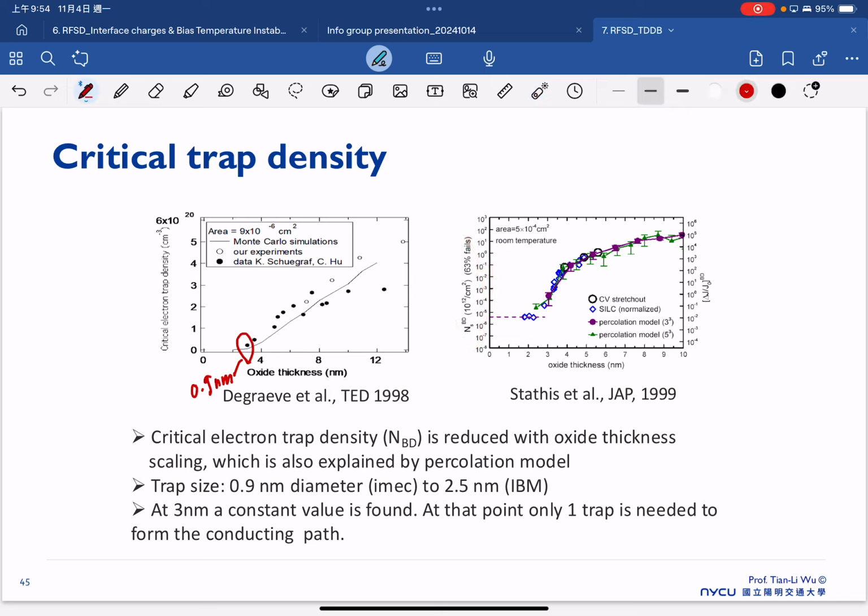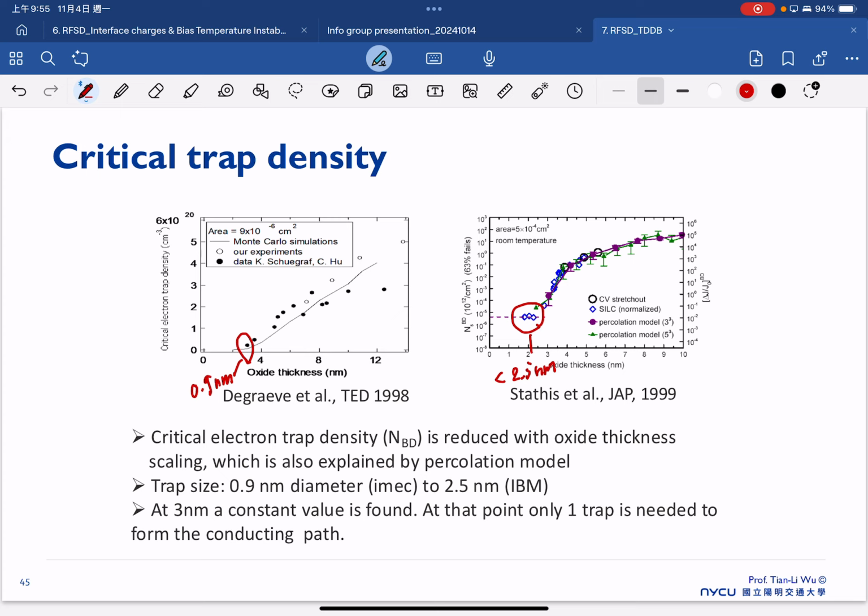And this experimental result suggests that once you have a dielectric below 2.5 nanometer, you always need a very limited number of traps, probably 1 or even just below 1, to form the breakdown path. So that gives us a warning that we cannot further downscale the oxide thickness, because we only need one trap. That's enough to form the percolation path here.